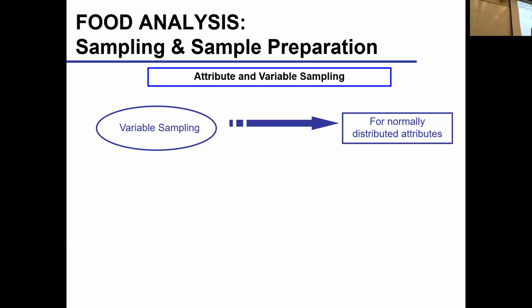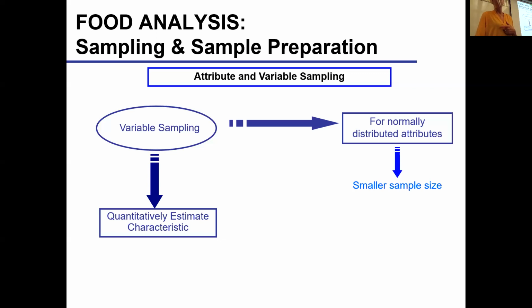In this case, variable sampling is for those that are normally distributed, like I said, constituents like calcium, protein, moisture. They're normally distributed in your sample. So in this case, you have a smaller sample size because they're not randomly distributed, they're normally distributed, so you don't take out a lot of samples to analyze. The risk here is low. And it's a quantitative measure, it's not qualitative, present or not, or above or below a certain number.